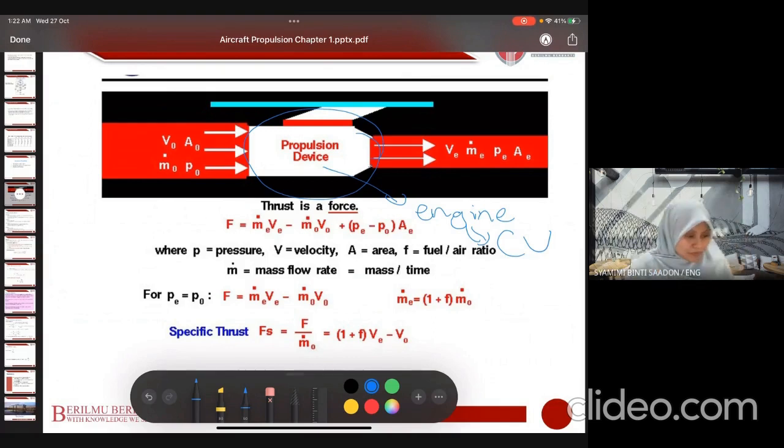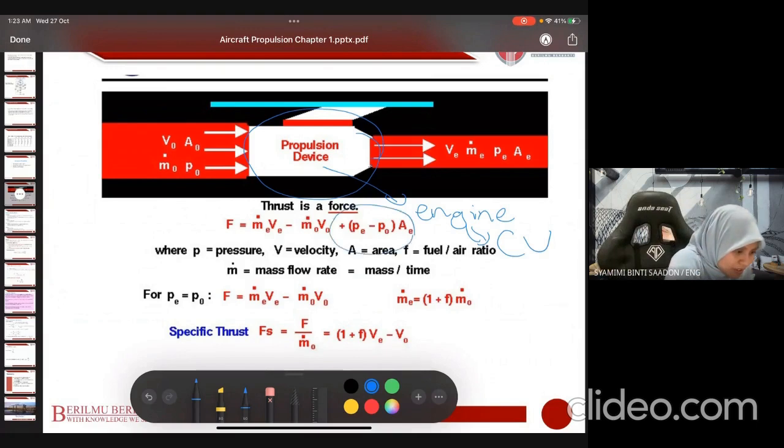So here, by looking at the control volume, the engine, we know that we have the pressure force, PA, at the inlet and outlet, or from the left hand side and right hand side. So we have pressure force acting on the control volume, the propulsion device, here and here.